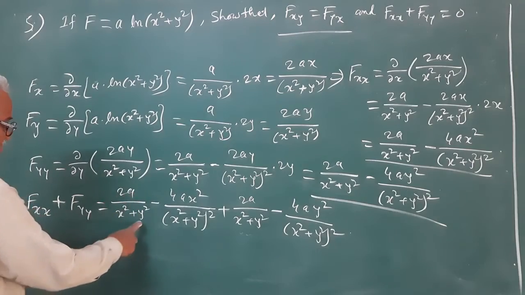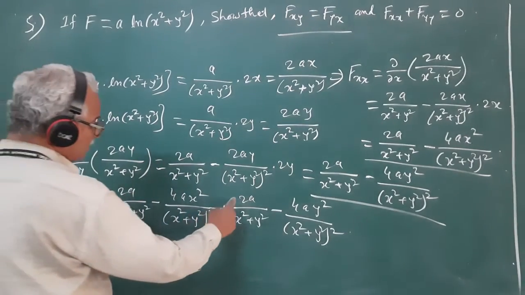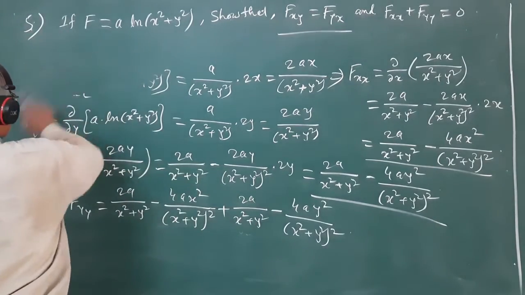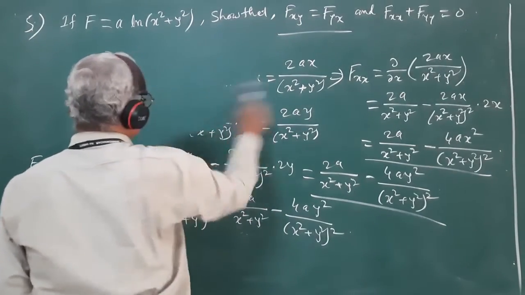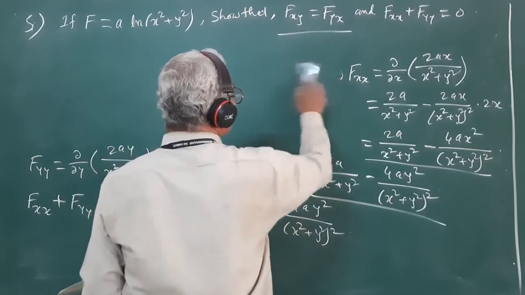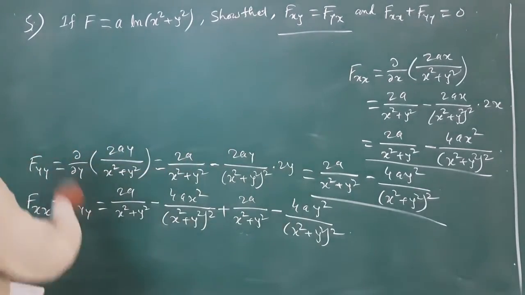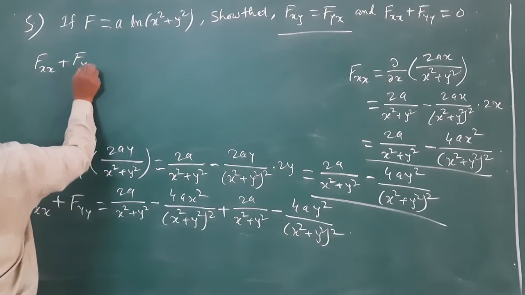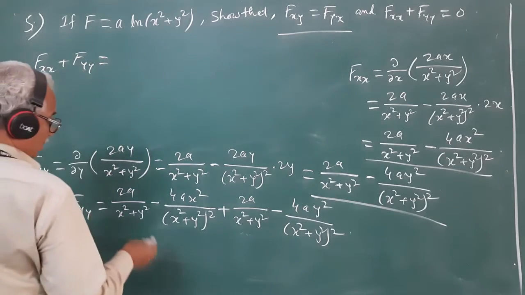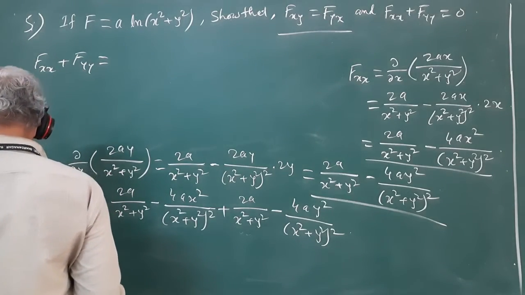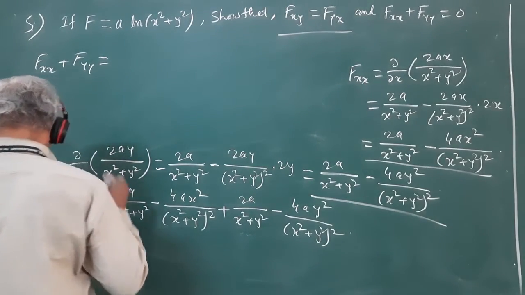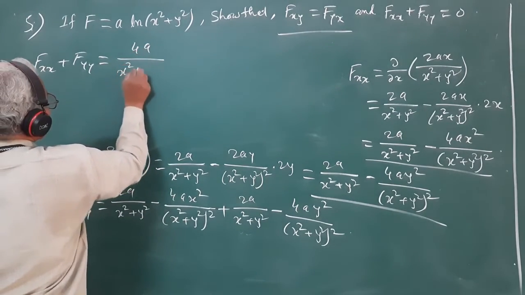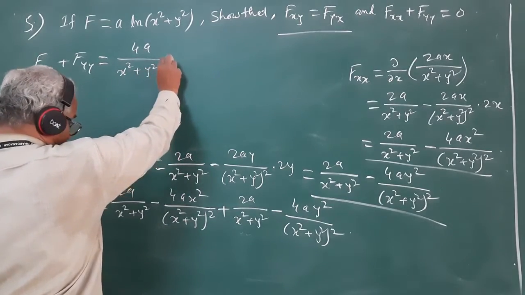Twice a upon x² + y² plus twice a upon x² + y² gives us 4a upon x² + y².